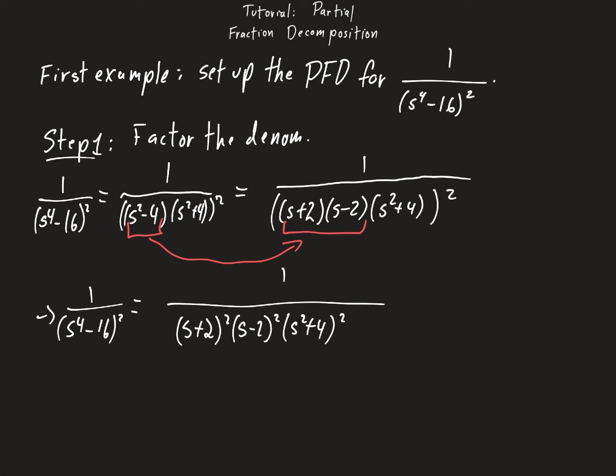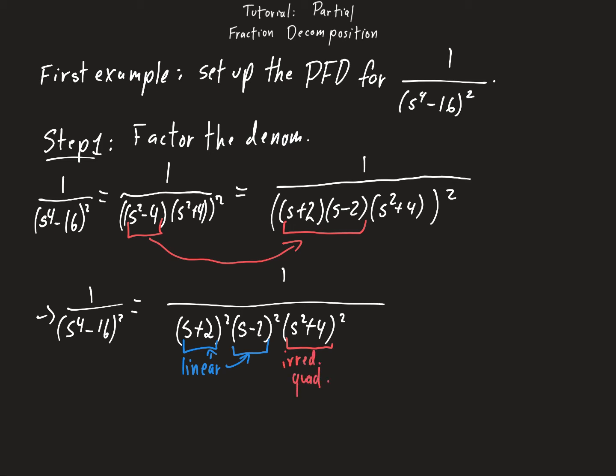And you'll note that these two terms here are both linear, whereas this term s squared plus 4 is an irreducible quadratic.